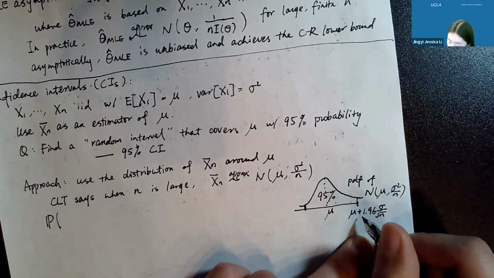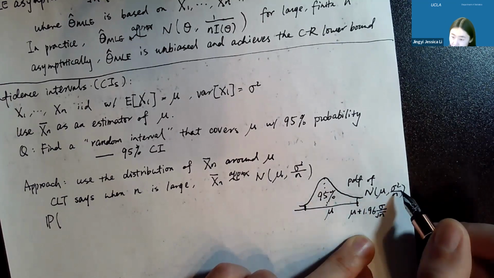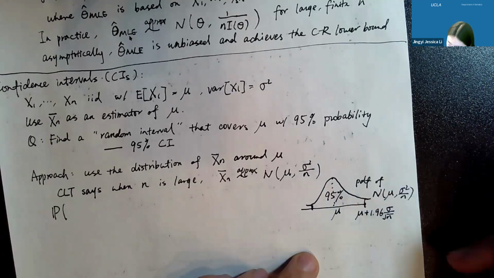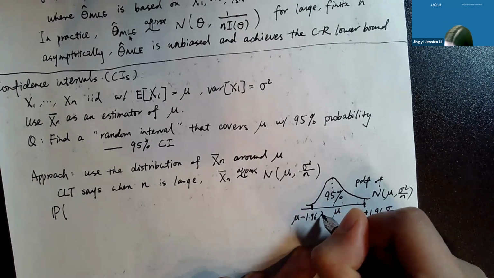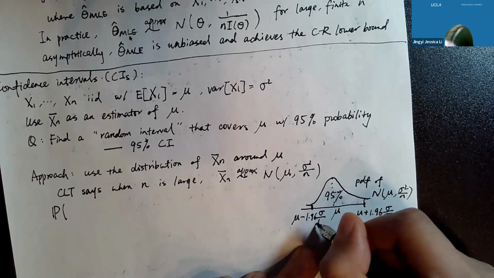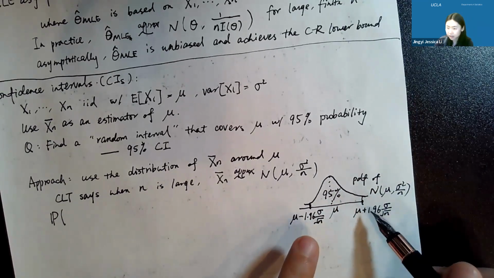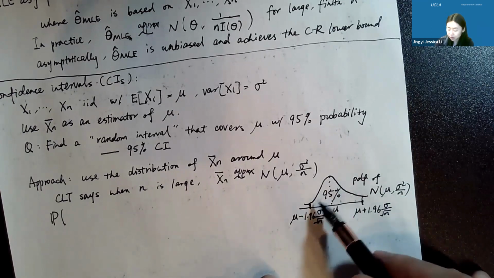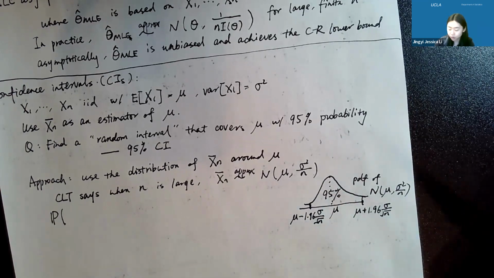It's about 1.96 standard deviations from the mean, where the standard deviation is sigma over root n. On the left-hand side, by symmetry, it's mu minus 1.96 sigma over root n. This is a nice fact about the normal distribution: the area under the density curve between those two points is 0.95.